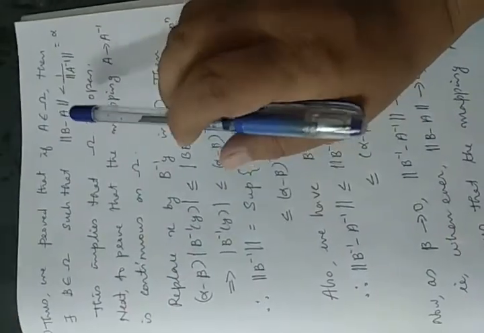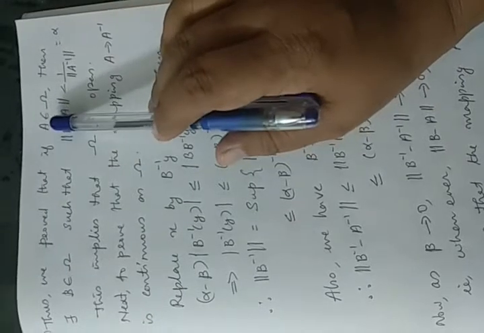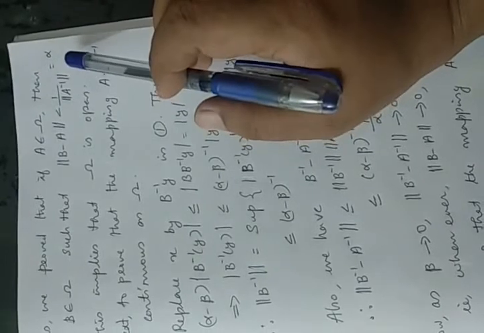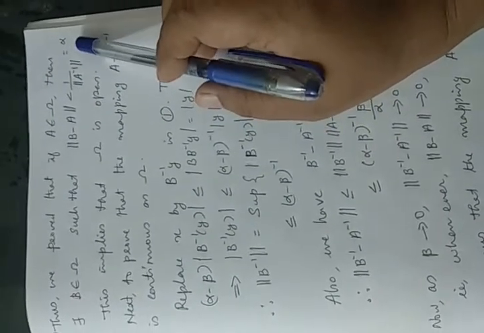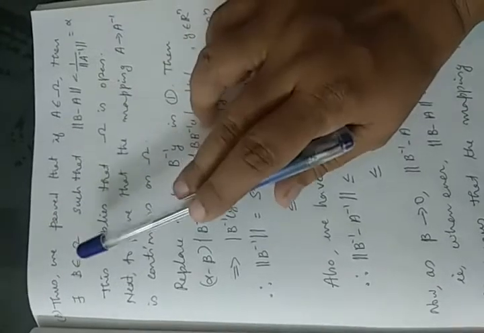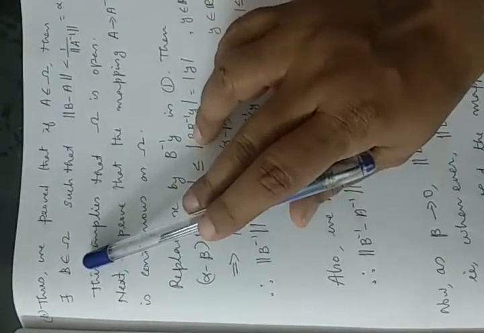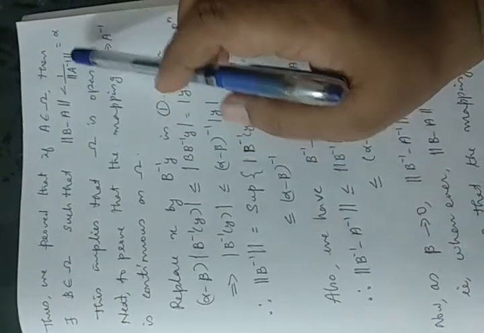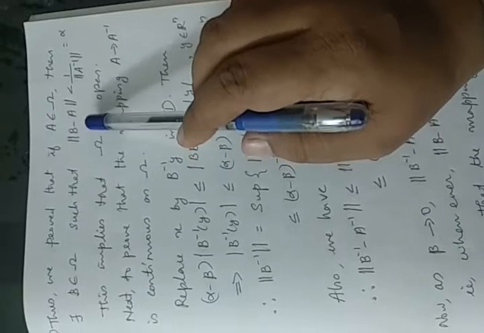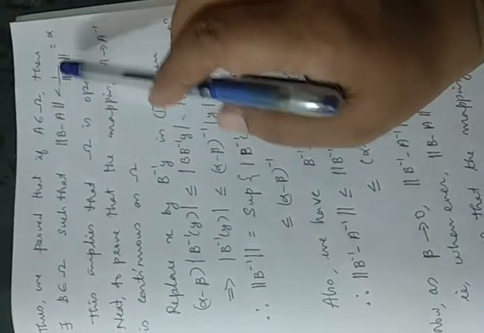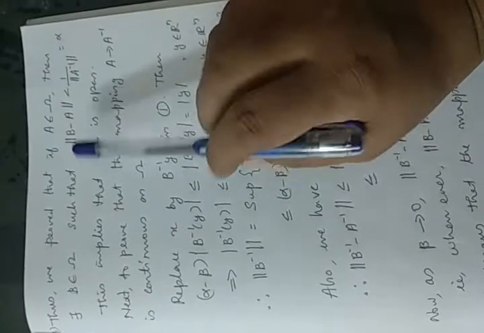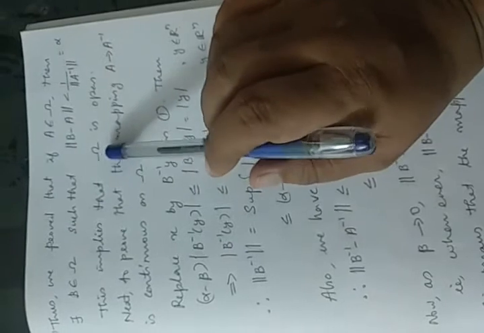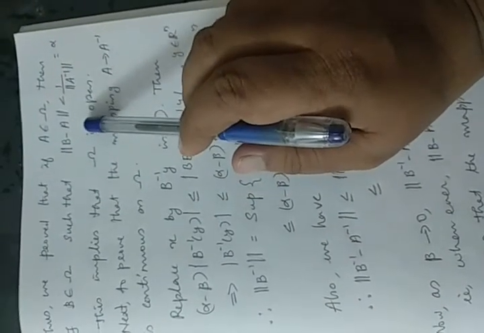That is, corresponding to any element A from the set omega, we have a positive real number alpha, such that there exists one B belonging to omega with norm of B minus A less than alpha. That is, the distance between A and B is less than alpha.